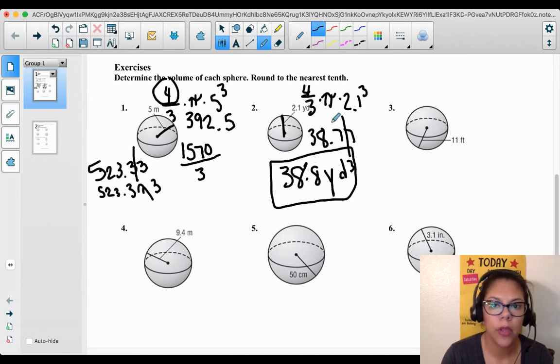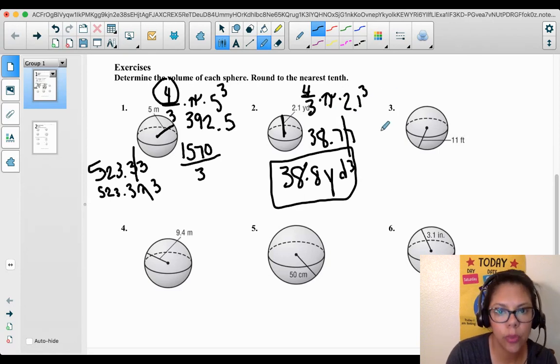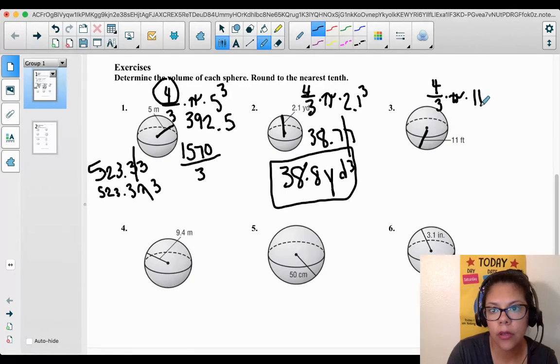Okay, so again, it's 2.1 times 2.1 times 2.1, times 3.14, times 4, divided by 3. Okay, I'm going to do one more. The radius is 11. So 4/3 times pi times 11 to the third power.